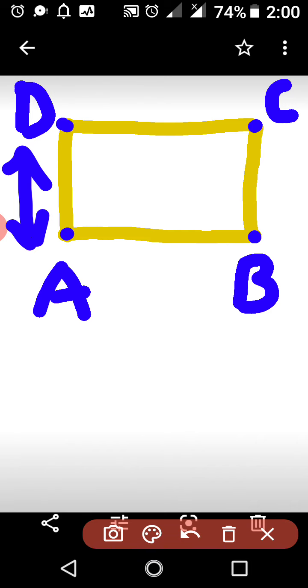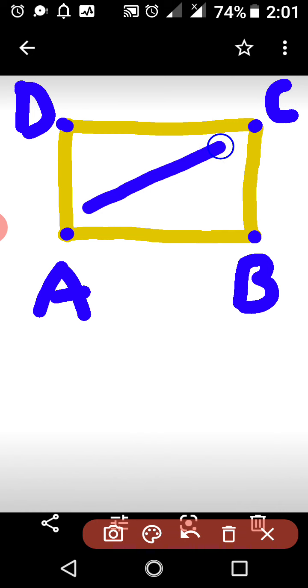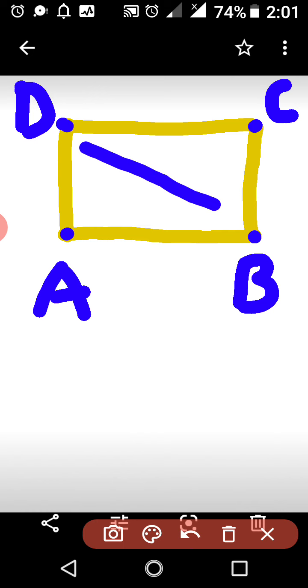Now, A and C are not adjacent vertices. Then we can say these two vertices are opposite to each other, so we say opposite vertices. In the same way, D and B are also opposite vertices.